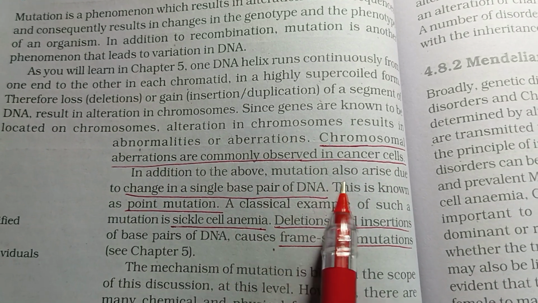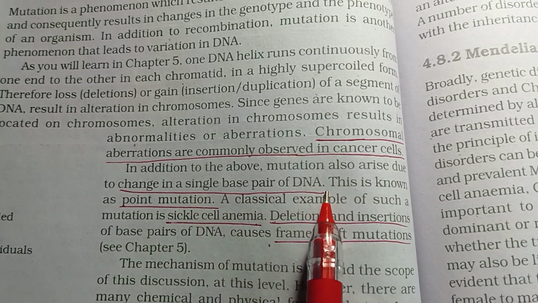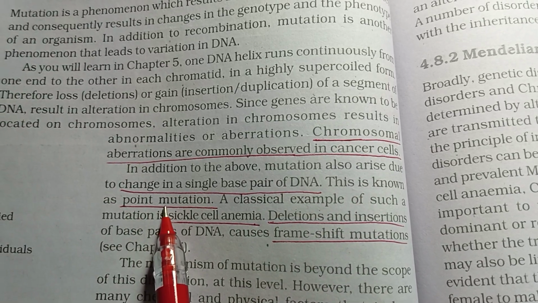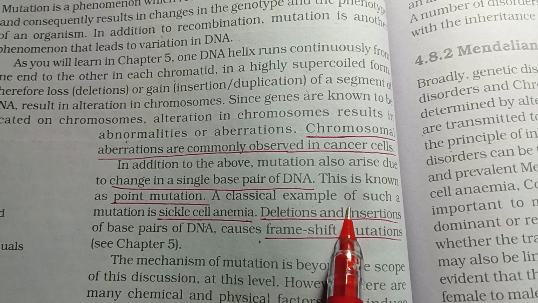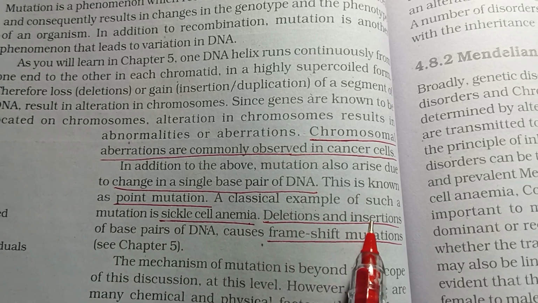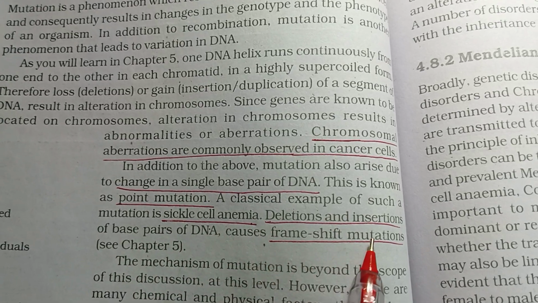In addition to the above, mutation also arises due to change in a single base pair of DNA. This is known as a point mutation. A classical example of such a mutation is sickle cell anemia. Deletion and insertion of base pairs of DNA causes frame shift mutations.